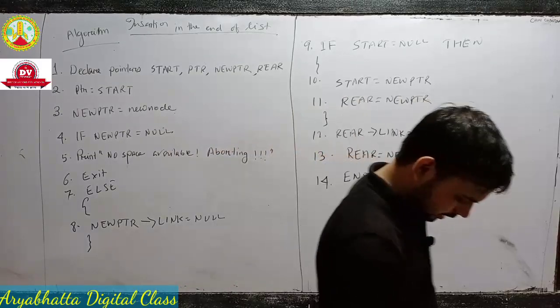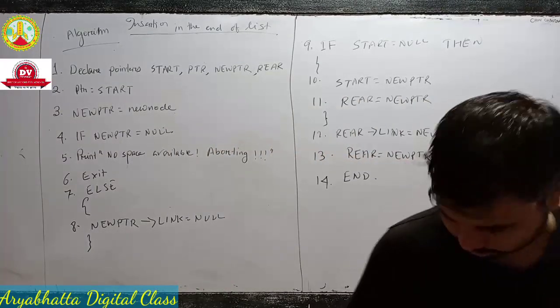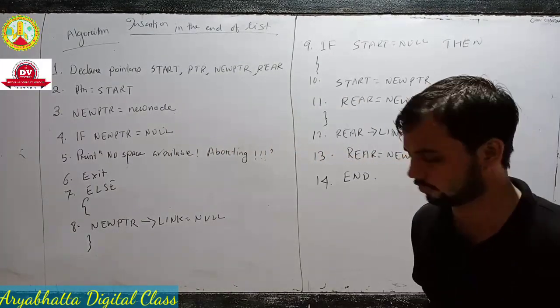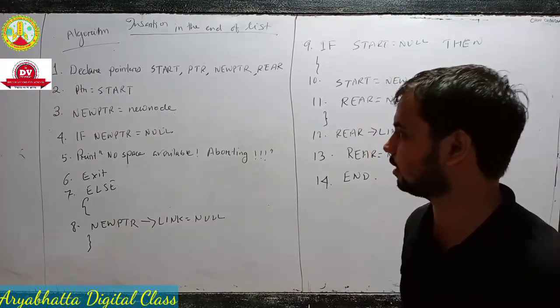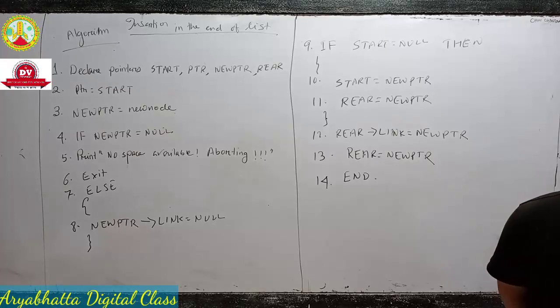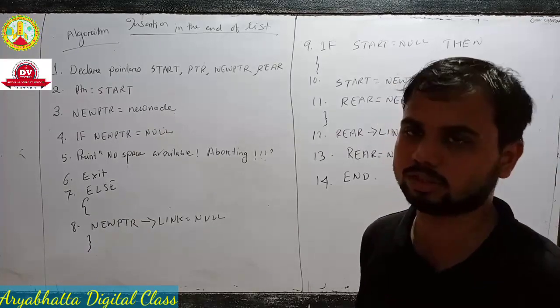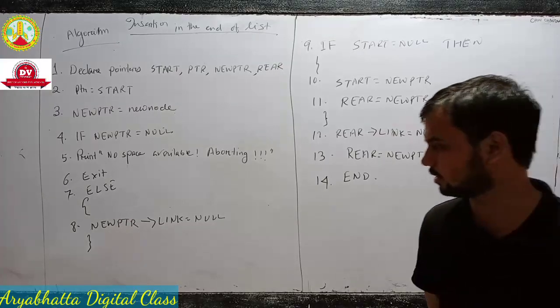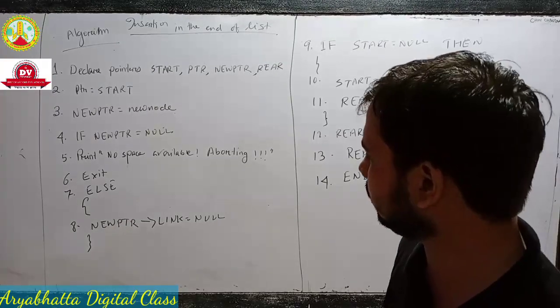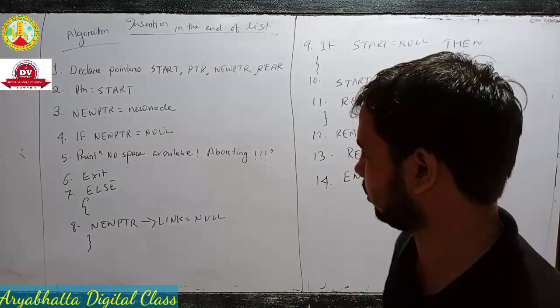If new ptr is equal to null, it means the node is not created. I already told you, if the node is not created, how can you add a node in the list? That's why no space available, aborting, exit. Else new ptr link is equal to null.